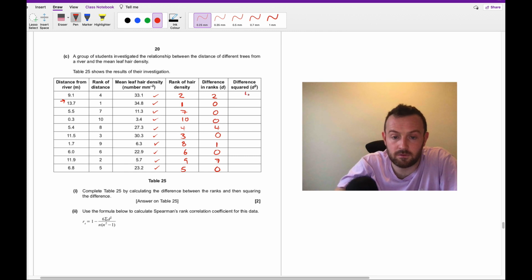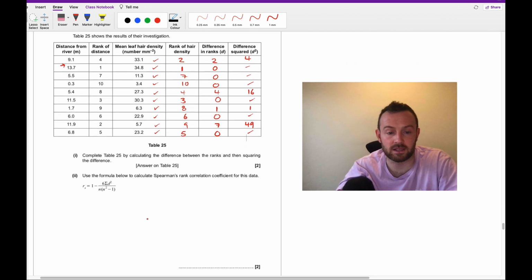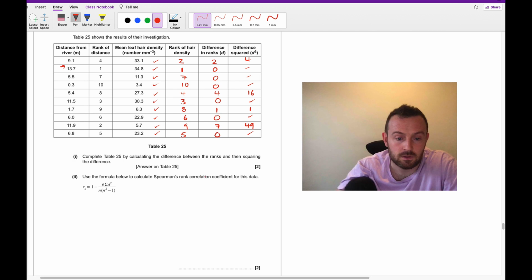All right, so that's going to be 4, 0, 0, 0. Oh no, 16, 1, 49. Okay. All right, so now we use the formula down here. Well, that's worth 2 marks for that.